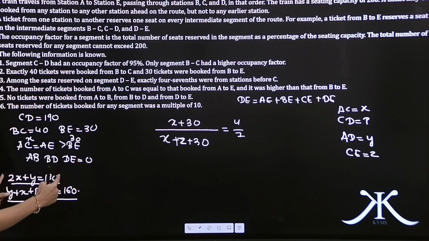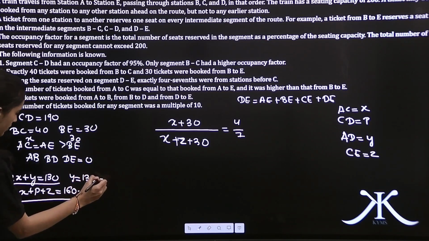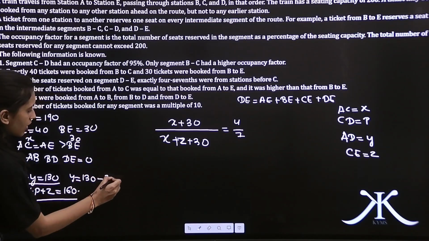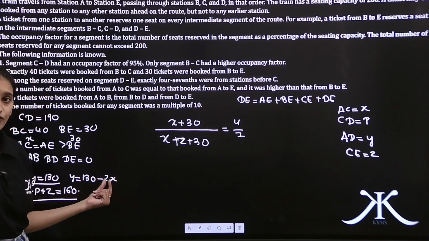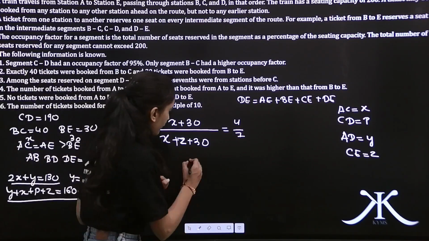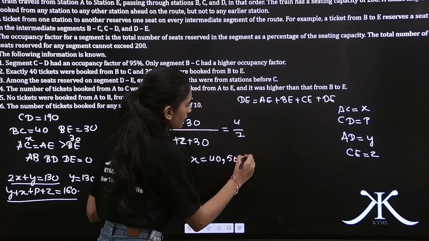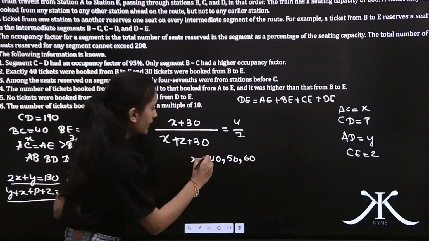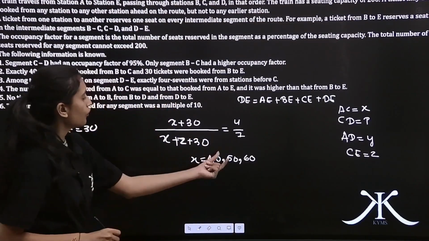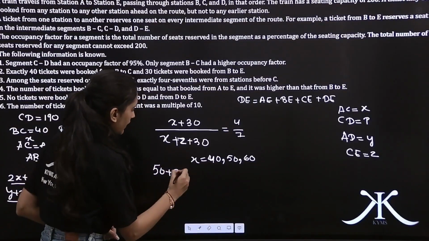Also from this equation we can say that Y is equal to 130 minus 2x. So x can be 65 or less. So we are left with three choices: 40, 50 and 60. With 40 we can't get the integral value, so we'll take 50. 50 plus 30, that is 80.